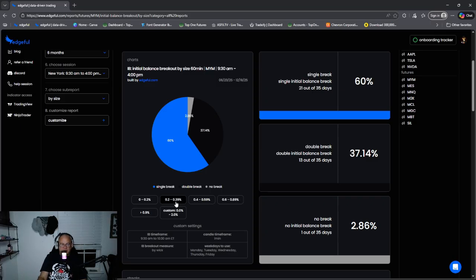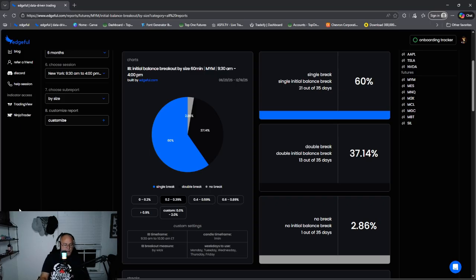You can measure this very easily, but I'll make a note of that on a piece of paper. So we're looking at 0.2 to 0.39. Caution.